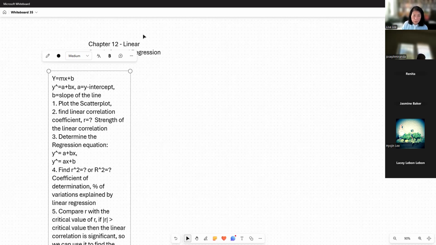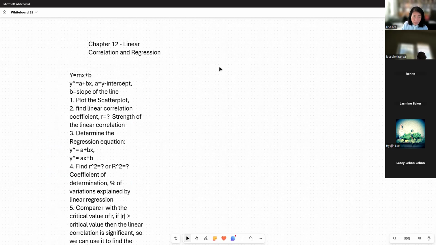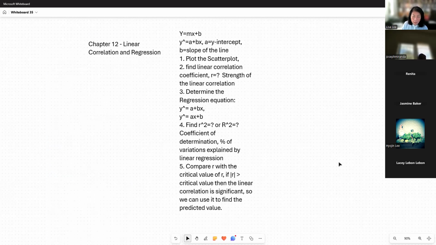Just like meteorologists, right? How do they know that Saturday we are going to have rain or Saturday we are going to have wind? Because they use something similar to this linear regression we are studying in chapter 12 here.